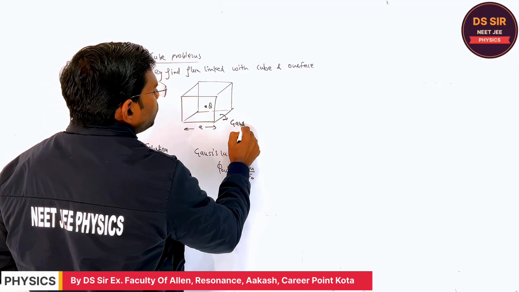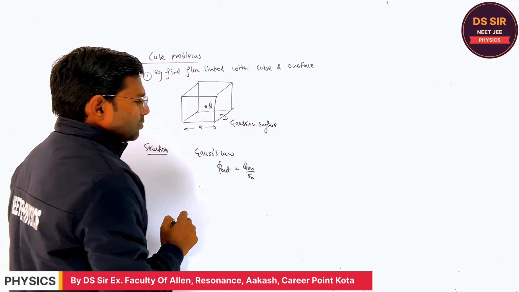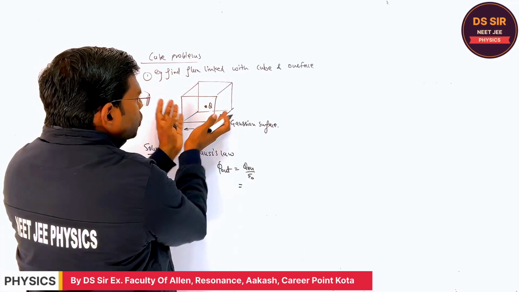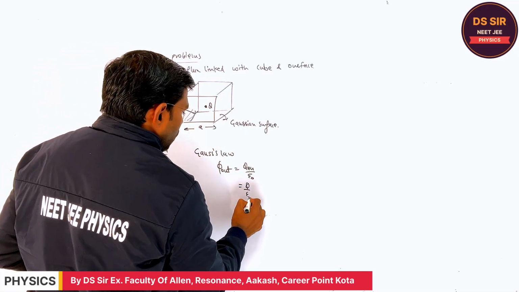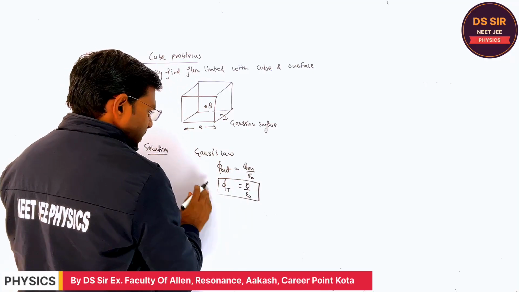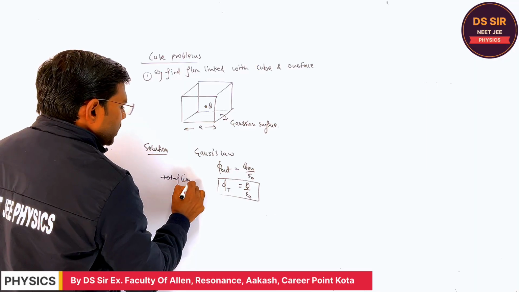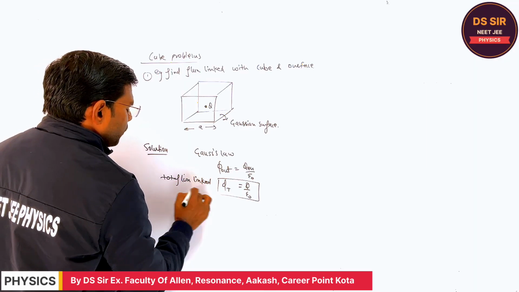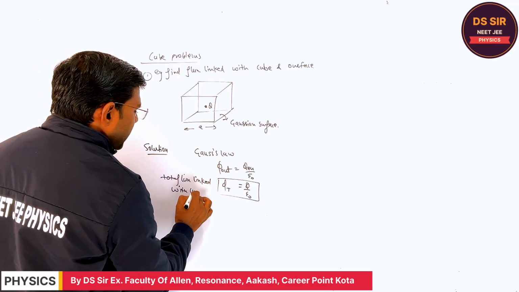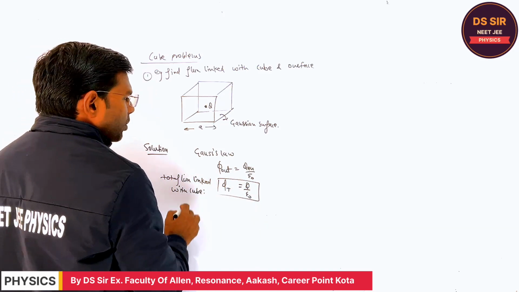So what is the charge enclosed in this cube? Capital Q. So this is the net outward flux, and the total flux linked with the cube is Q upon epsilon naught.